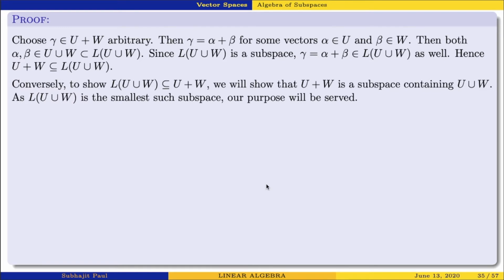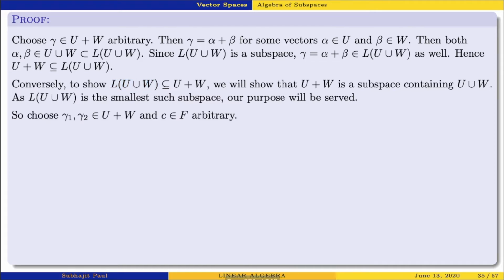This one, U plus W, is a subspace containing both U and W, and the linear span of U union W is the smallest subspace containing U and W. So the linear span has to be inside this one. So this is what we are going to show.